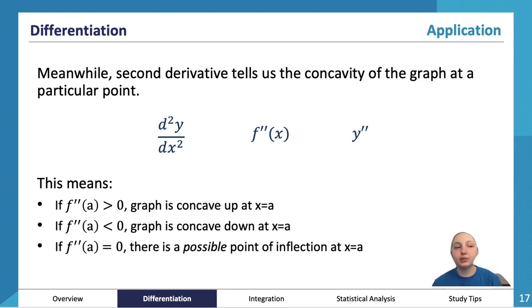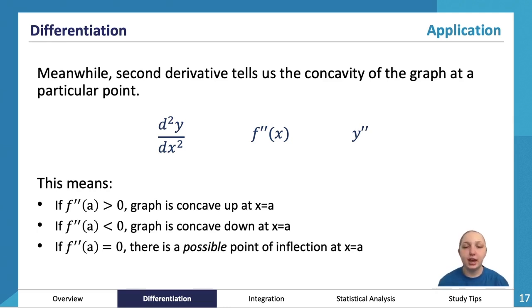Your second derivative is really important in telling you about concavity. Remembering that concave up is our graph looking like this, concave down is our graph looking like that. So if f double dash a, thinking about the point x equals a that we've substituted in, is greater than 0, your graph is going to be concave up at that point.